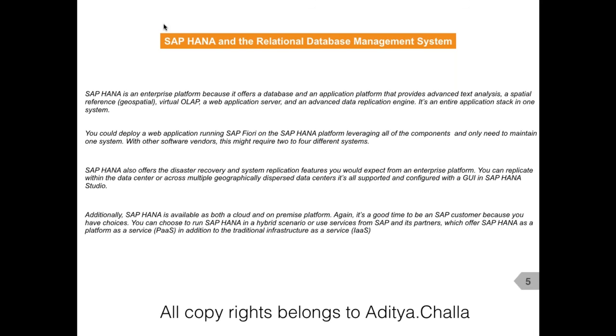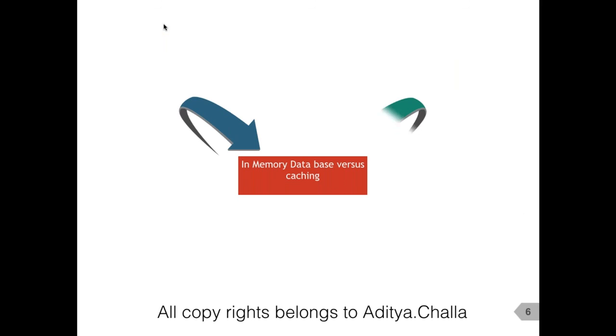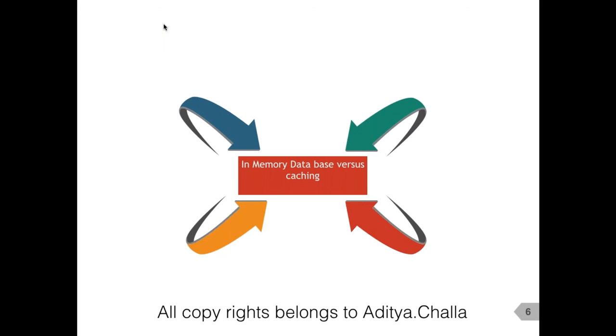But the recommended action is you can choose to run SAP HANA in a hybrid scenario or use services from SAP and its partners, which offer SAP HANA as a platform service, called PaaS, in addition to the traditional infrastructure as a service. So this is the basic thing we understand about the database.